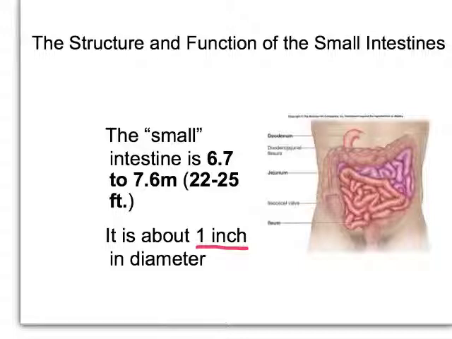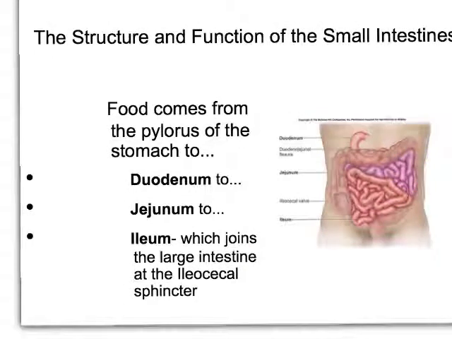So the small intestines is all this creepy, crawly, wormy looking stuff right there. That is the small intestines. All right, we've got 3 parts to the small intestines. So food is going to come from the pylorus here. So here's the stomach. So food is going to come from the pylorus into the duodenum.